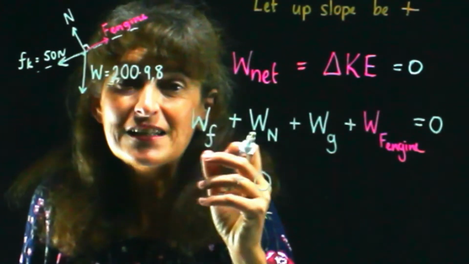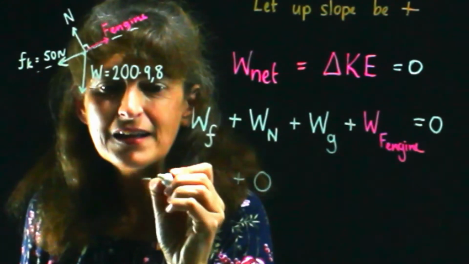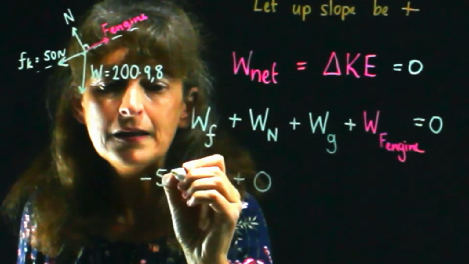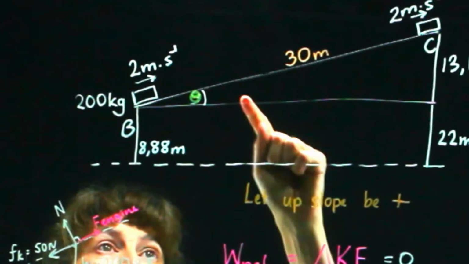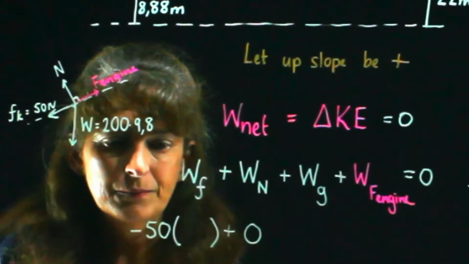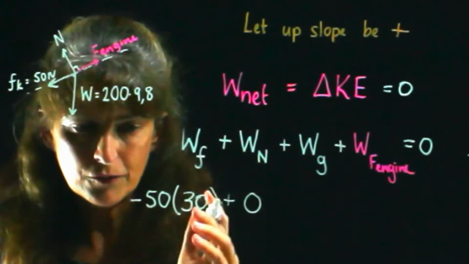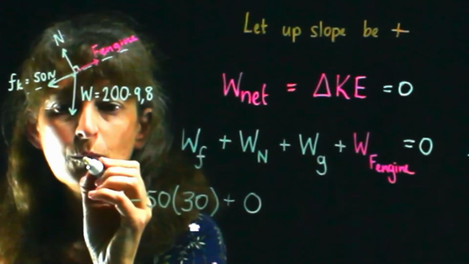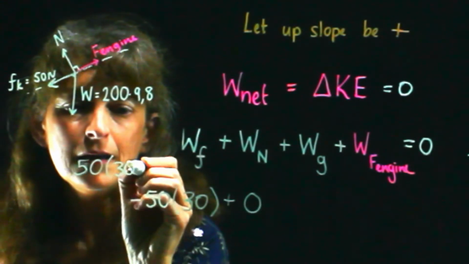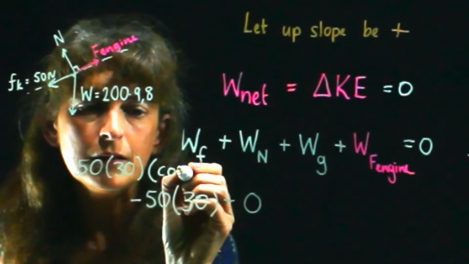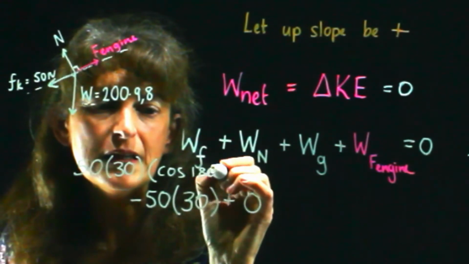Work done by friction is going to be negative 50 times the displacement. Now, previously we've seen that displacement is 30 meters. And so, if you like, you can rather do it in the full form, 50 times 30 cos 180 degrees.